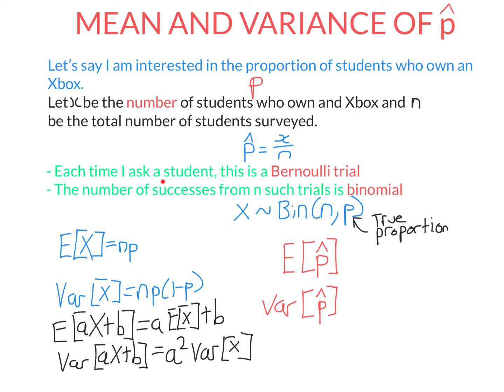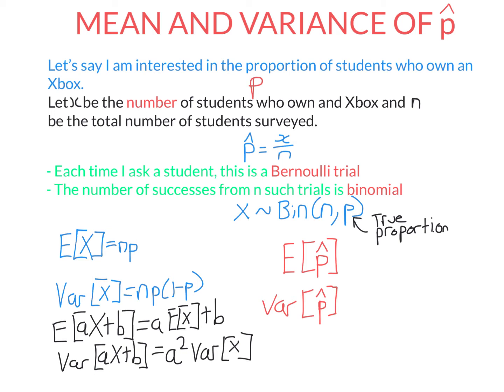Each time we ask a student, this is a Bernoulli trial. They can either own an Xbox or not own an Xbox. Basically, we give them a score of 1 if they own an Xbox and 0 if they don't. Remember that if you perform heaps of independent Bernoulli trials, you get a binomial distribution. So here, X, the number of students who own an Xbox in my sample, follows a binomial distribution.